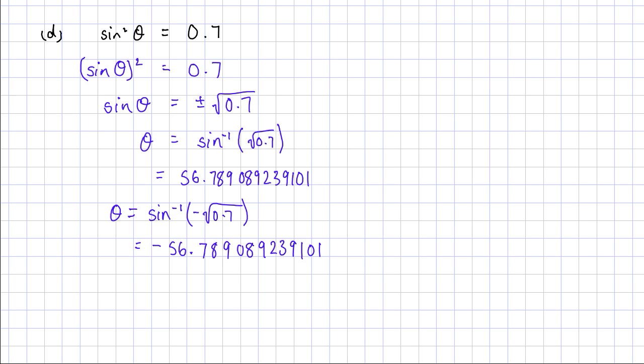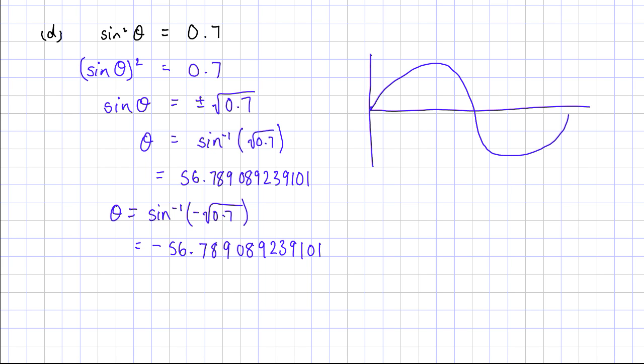Okay, so if I sketch the graph now, again I need to give my answers between 0 and 360. Now you might be thinking we don't need this one, but actually when we sketch it you'll see how we can use it. So the graph's going to look something like that. We're going to have 1, minus 1, 90, 180, 270, and 360.